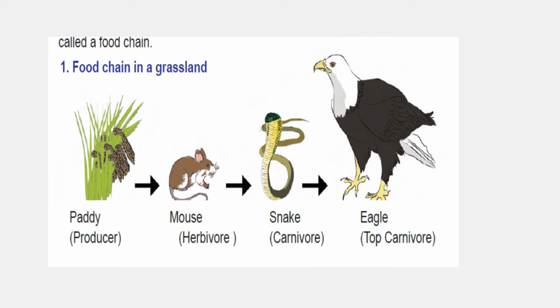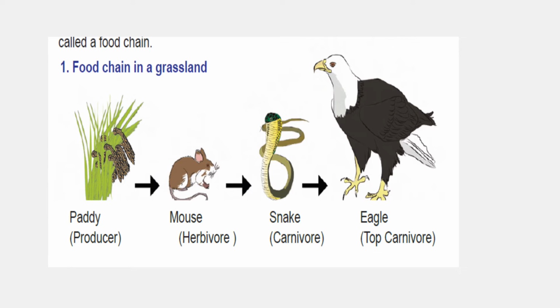For the food chain in grassland. This is there, but not much significant, right? Now grassland paddy producer is eaten by herbivore rabbit, that is eaten by carnivore small level snake, and that snake is eaten by eagle, top level carnivore.